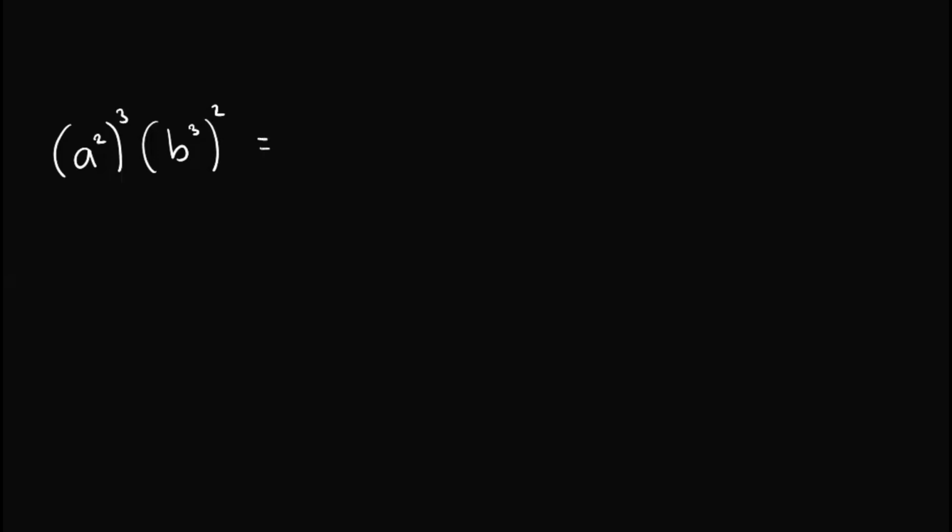So this one would become a squared times 3, times b cubed times 2. So basically, what the power of a power law states is that we simply multiply these exponents when it's outside in a parenthesis.